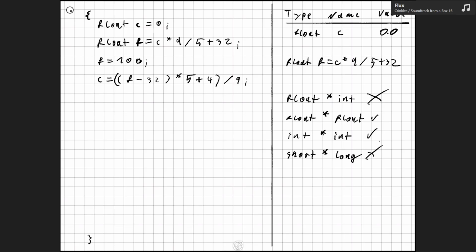We also have to include the reverse, so something like int times float could be completely different from float times int. Keep in mind, division, it makes a difference in which order you put them, or subtraction. The order of the numbers, the arguments for the operation matters. So if we suddenly allowed a mix of data types for a simple operation, it would mean we would have to define how this operation works for every possible combination of types. That's just too much. So we can't mix them. This is not possible directly.